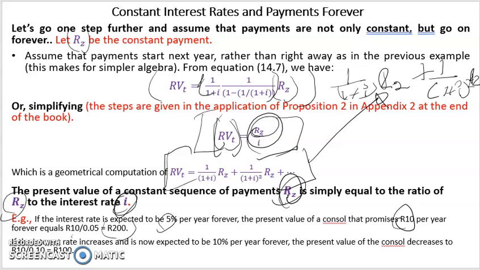If the interest rate increases and is now expected to be 10% per year forever, the present value of the console decreases to 10 divided by 10%, which is 100 rand.